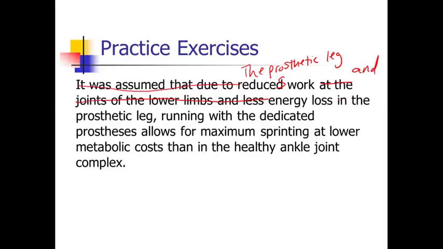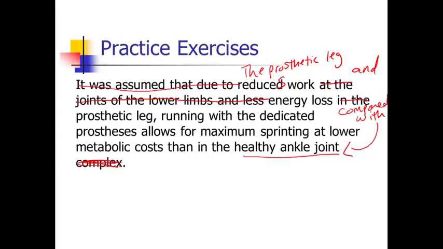And then what compared with what? We need a compared with. So this is where we're going to get compared with, and then we would put the healthy ankle joint. Compared with a healthy ankle joint. I'm going to get rid of complex. We probably don't need healthy ankle joint complex, just a healthy ankle joint. So the prosthetic leg reduces work and energy loss compared with a healthy ankle joint.